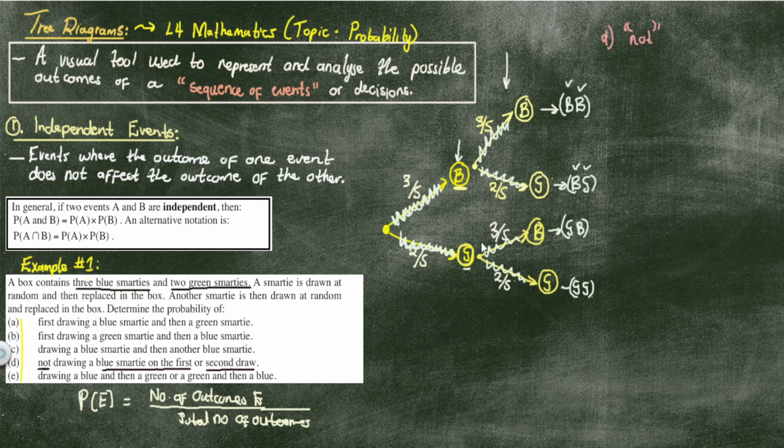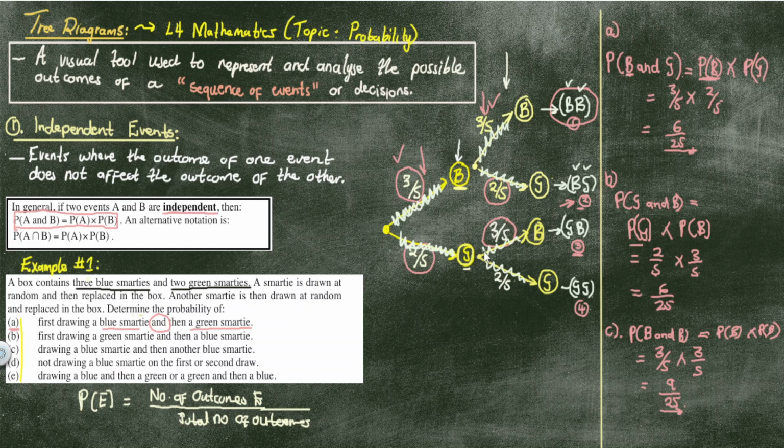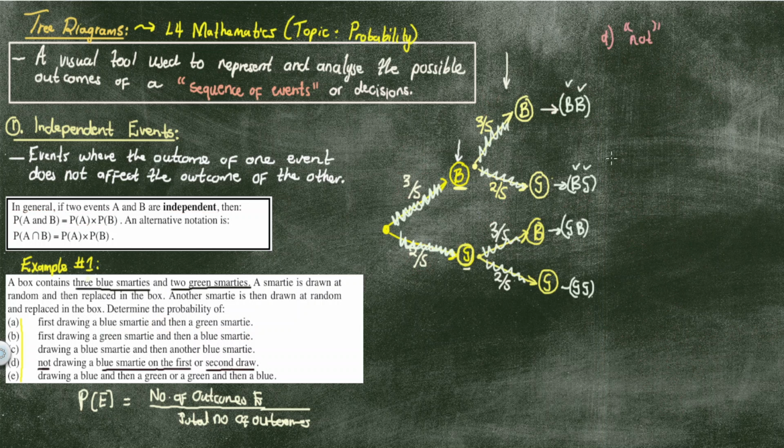Let me go back to this. In C, they wanted us to calculate the probability of drawing out a blue smarty, then another blue smarty, and we found that it's 9/25. I'm hiding it and going back to D: calculate the probability of not drawing a blue smarty on the first or the second draw.